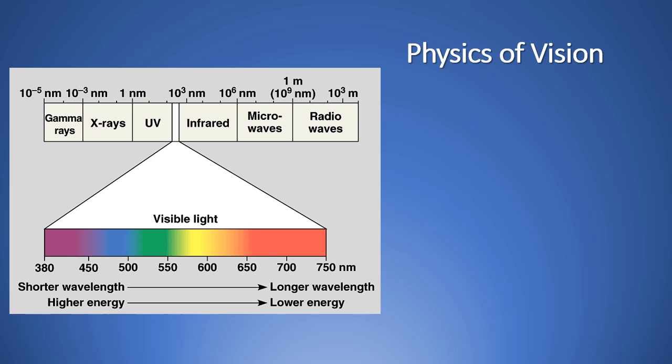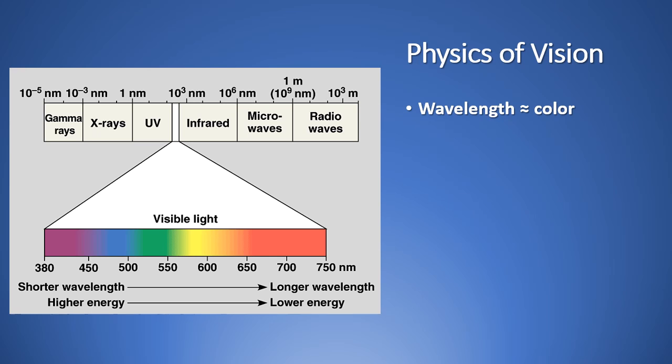The visual section of light is somewhere in the middle, still measured in nanometers, but running from about 380 to 750 nanometers. Longer wavelengths are perceived as red. The shorter wavelengths are perceived as purples and blues. In the middle, you've got your greens and yellows.